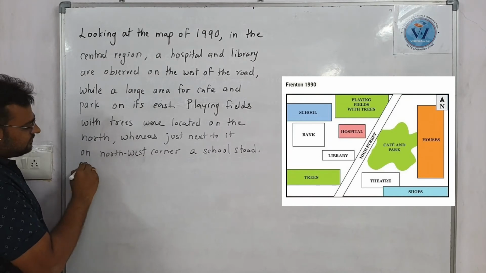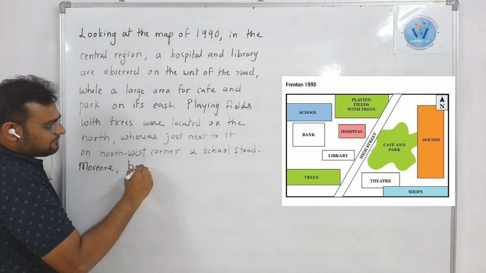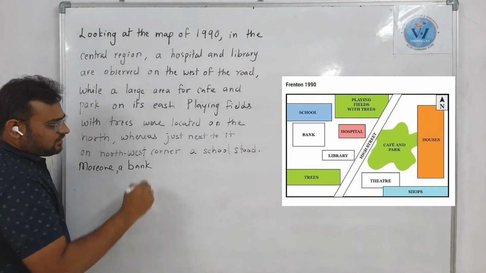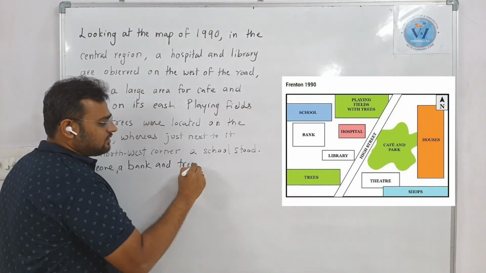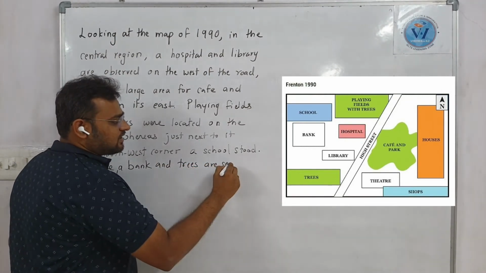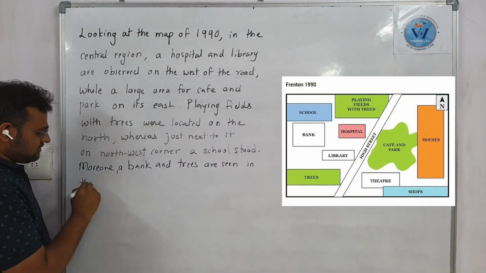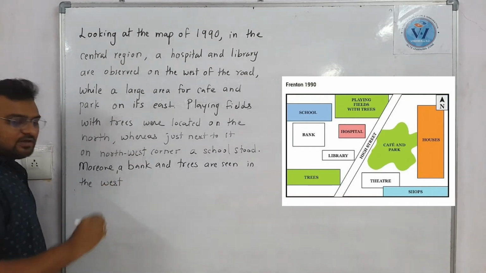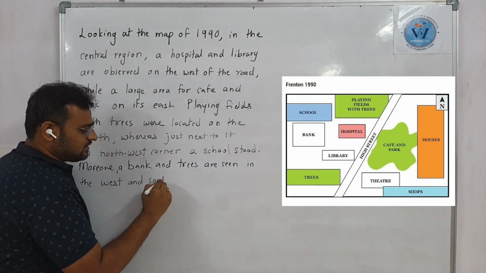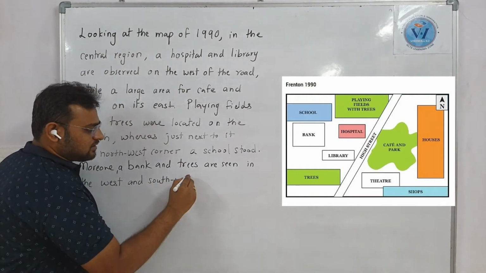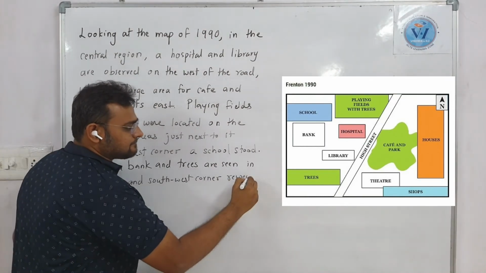Okay, moreover, a bank and trees are seen in the west and southwest corner respectively.